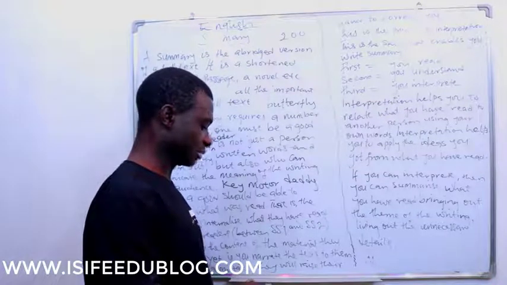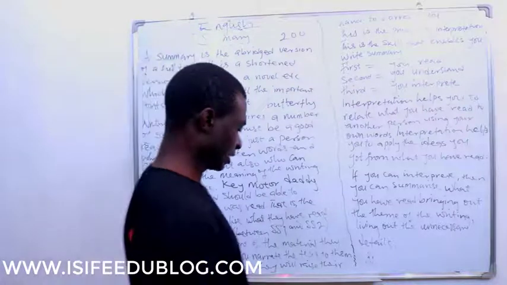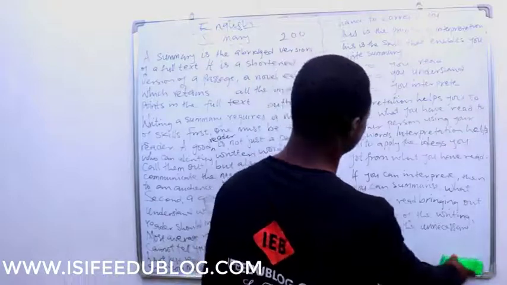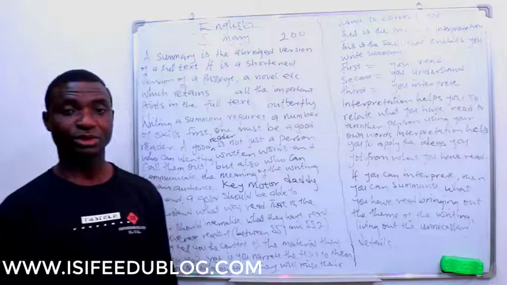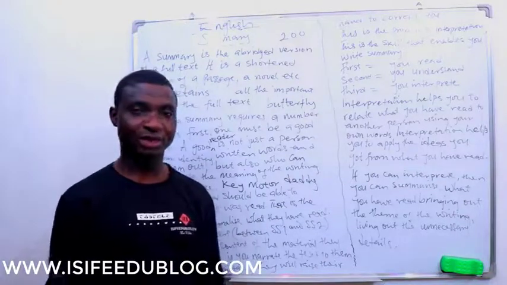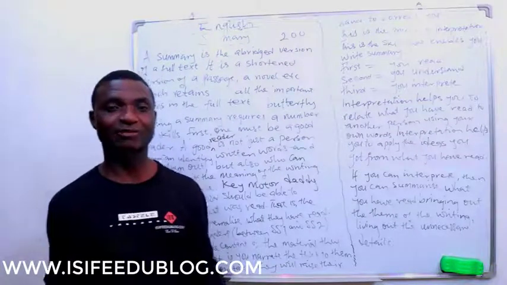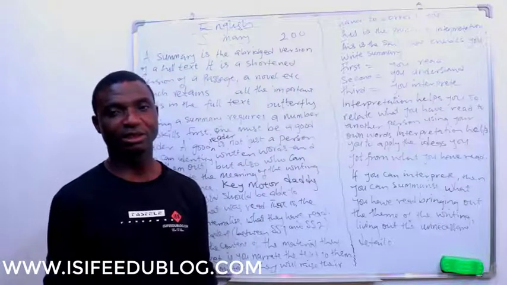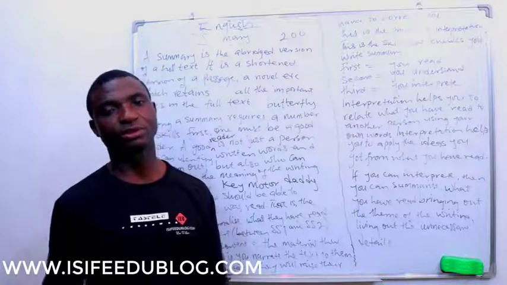If you can interpret, then you can tell somebody else what you have read using your own words. Because you base your story now on the main points and not on the unnecessary details which the writer may have brought up to enrich, beautify, and perhaps to lengthen the story.